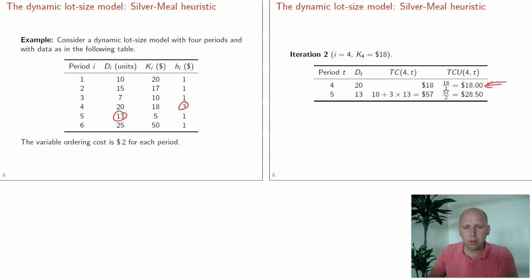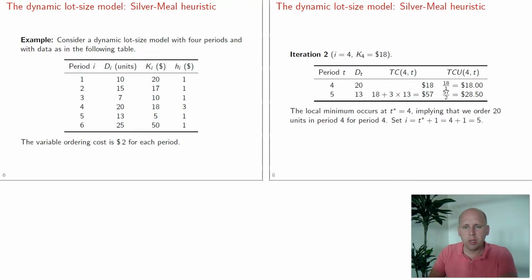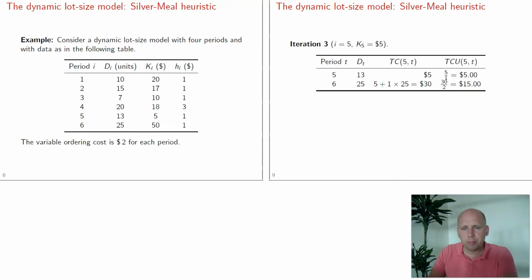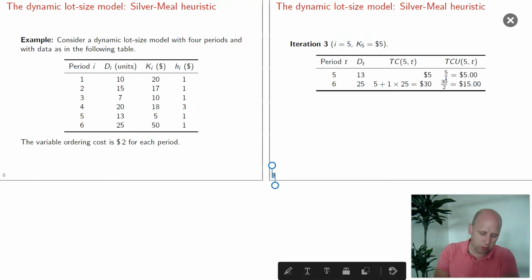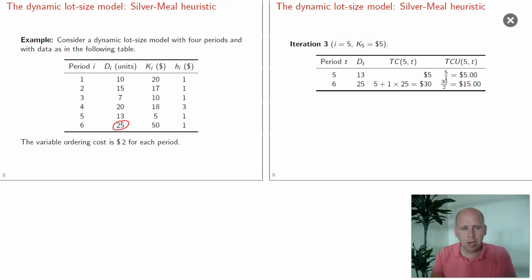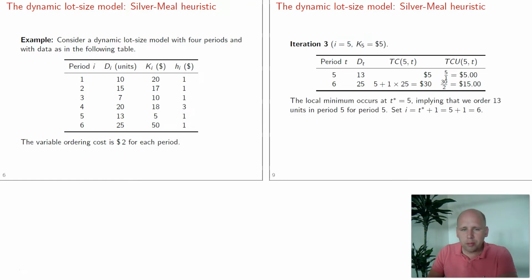And then for iteration 3, we continue from period 5. Then basically the same idea. It's better to only order for period 5 itself. Also because the demand in period 6 is quite high. So if you also need to order those, then the cost is going up. So in period 5 we only order for period 5 itself.